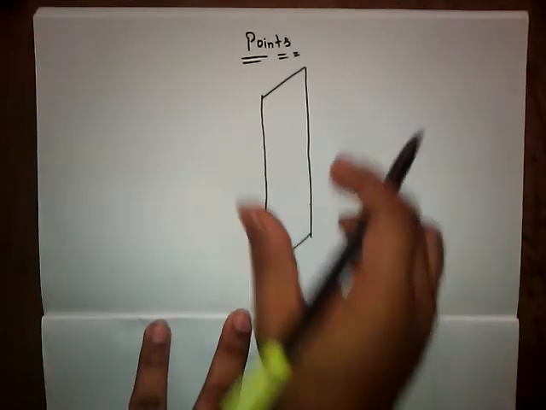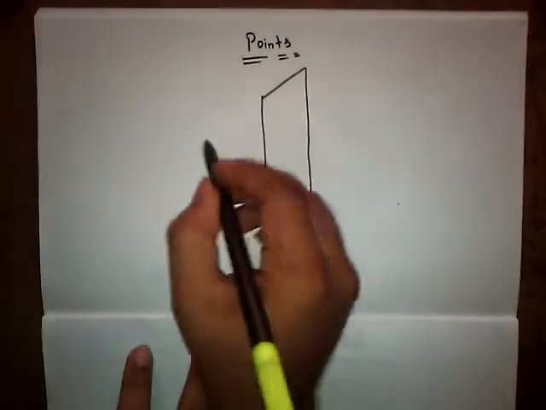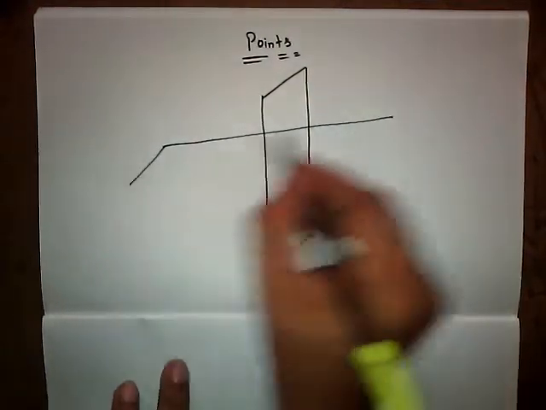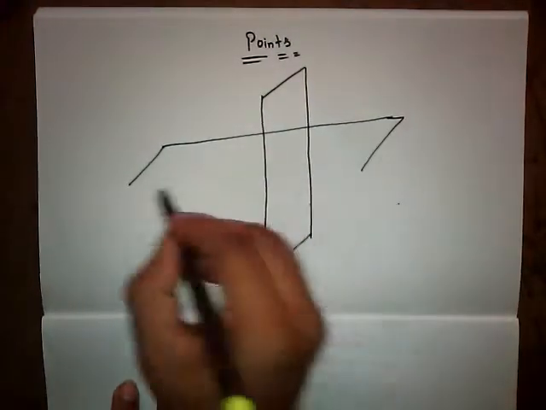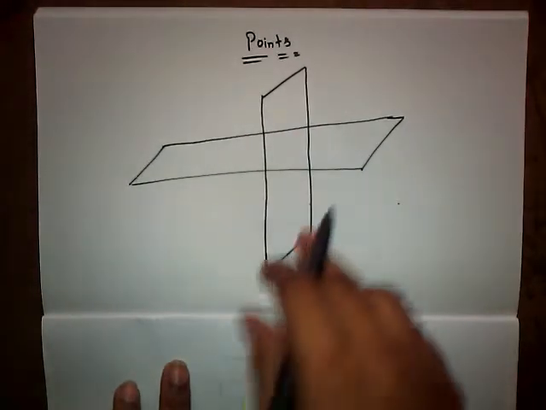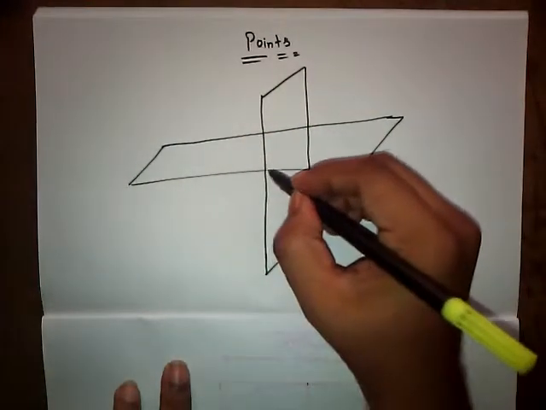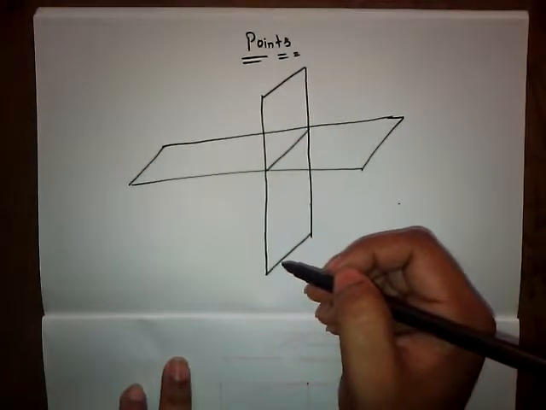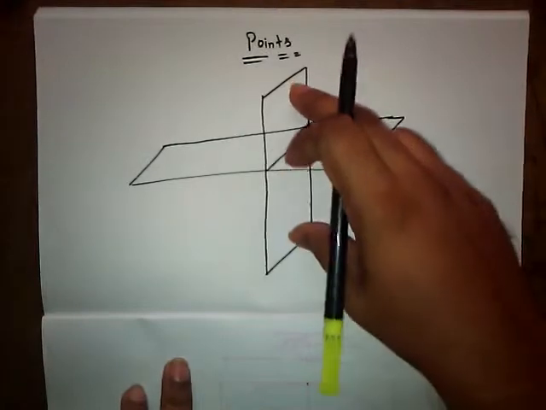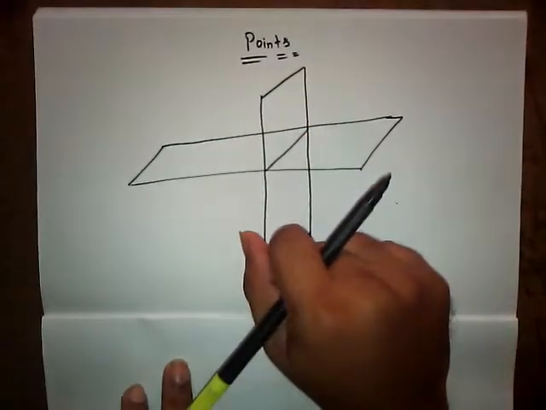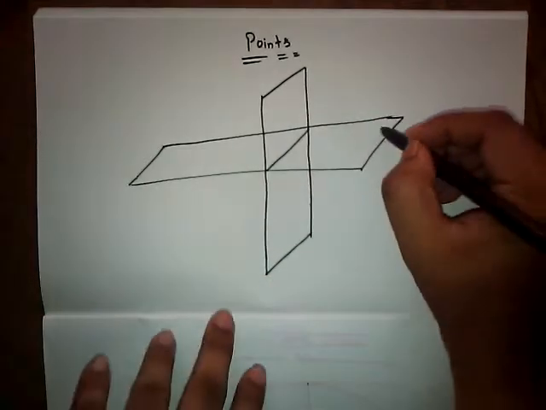So let us consider this as a vertical plane and this is going to be our horizontal plane, and these two planes intersect at a line known as the XY reference line. Okay, so this is a vertical plane and this is our horizontal plane, and this is known as our XY reference line. So let me explain.